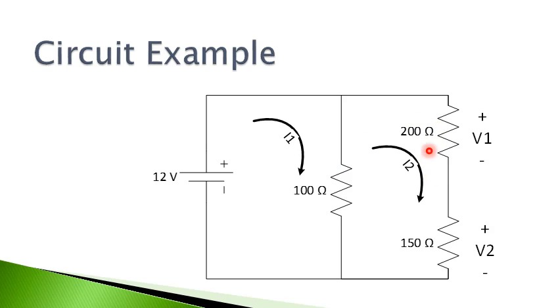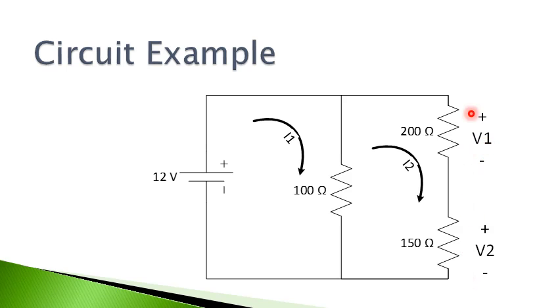Now we can move on to this side of the circuit, where we can observe that now 12 plus the V1 and V2, taking account of these plus signs, the order of that. So really it's 12 minus V1 and minus V2 has to sum to 0.